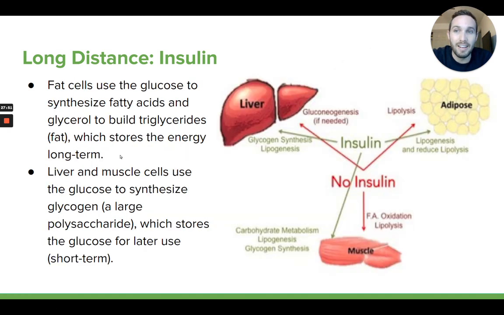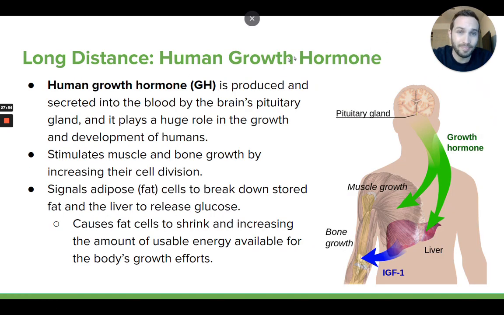And then another example I have on here, there's lots of different types of hormones. Another type of hormone is called the human growth hormone, or just growth hormone for short. And this is a hormone that's produced by your pituitary gland, which is in your brain, and it gets released into your blood, and it tells lots of different types of cells in your body to start dividing, basically, which is going to allow you to grow and allow certain types of body tissue to grow inside your body.